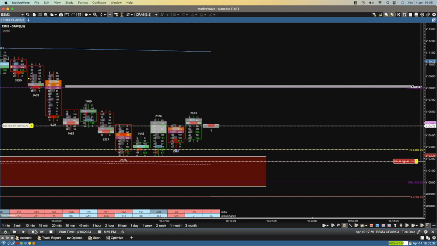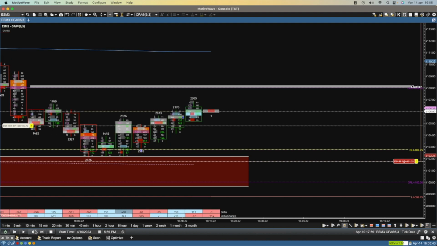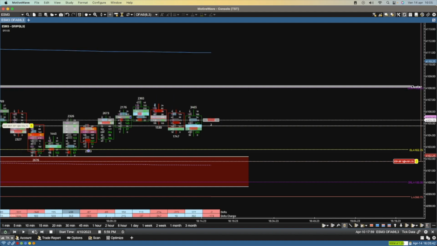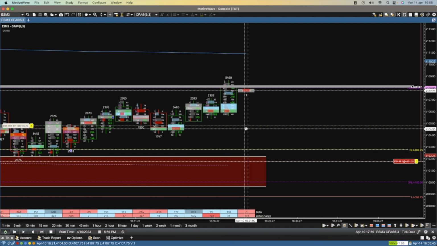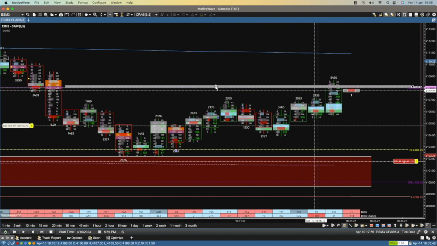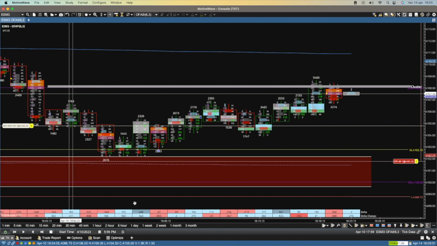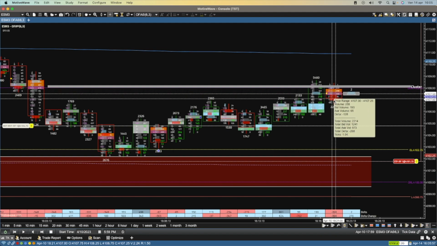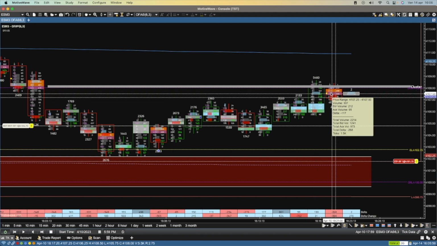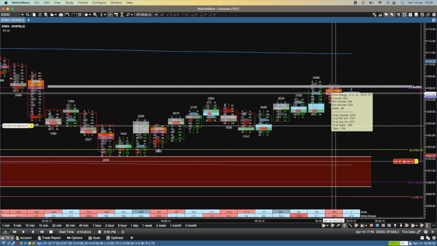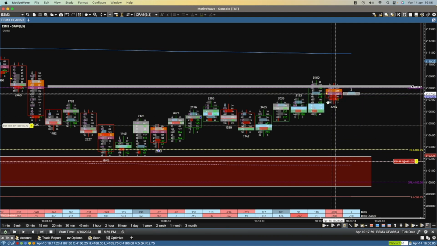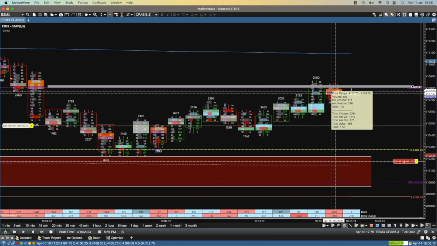So let's see how price is going to develop here. Price now touched the last cluster and reacted. Look how we have a seemingly strong bearish reaction because we have huge numbers here with this strong cluster, but the result is not huge considering the values here.